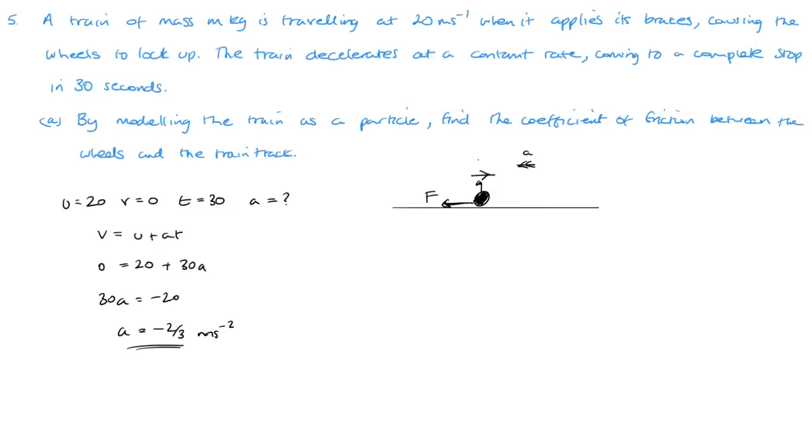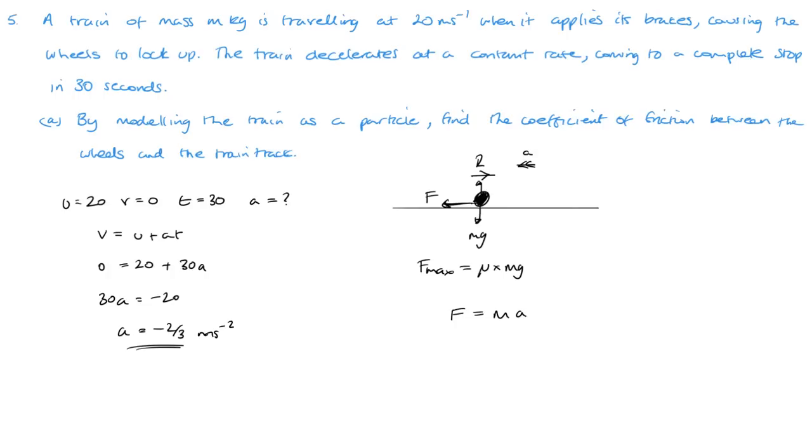We're going to have this as R and this as mg. So the maximum friction is mu times mg. Okay, and then we've got F equals ma.